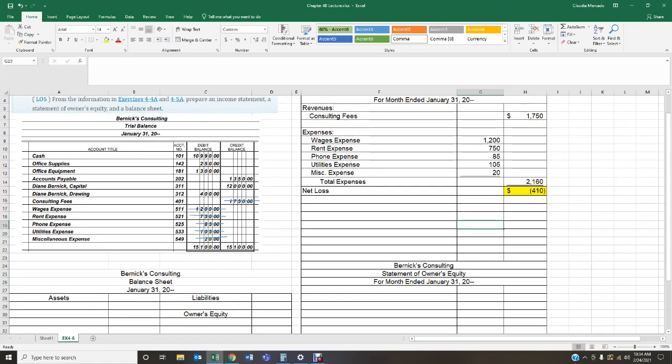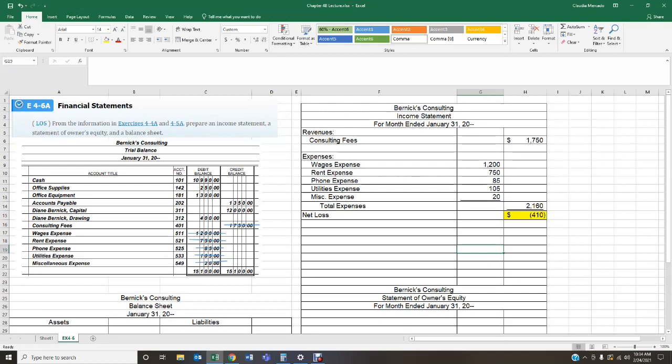Okay, and then from your income statement, you can analyze, well, where can I cut some of these expenses so I can be able to either break even or make some money? And the highest expense we have is wages. Okay, maybe you have too many people working for you. Maybe you're paying them too much money. Maybe you need to do some adjustments on your staffing. It's just something that you have to analyze.